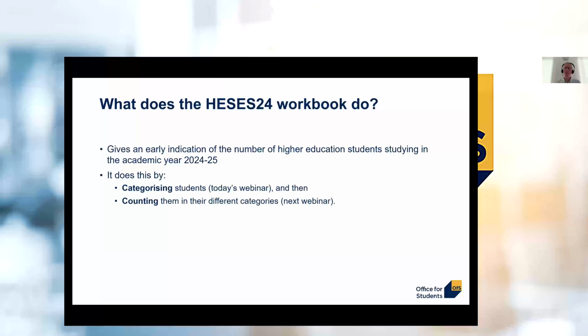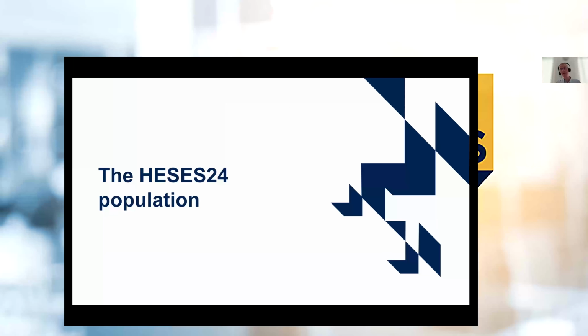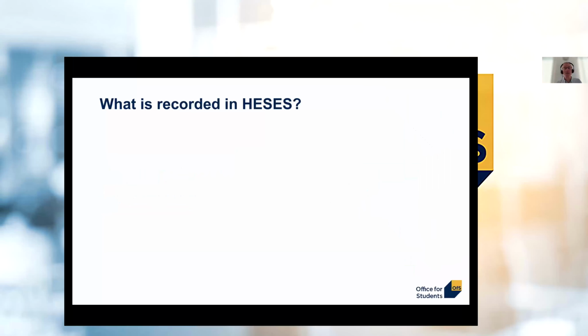So this brings us on to consider what's referred to as the HESES population. Before we look at this closely, let's talk about the unit of measure that we use. Another way of looking at this is to ask the question, what is recorded in HESES? Well, HESES counts what we call years of engagement, and we use the abbreviation YOE there.